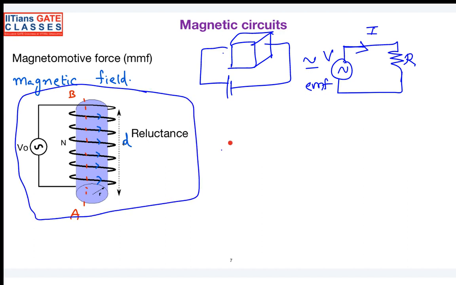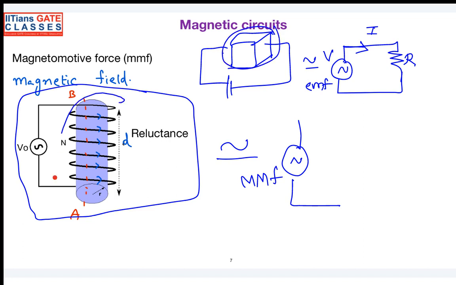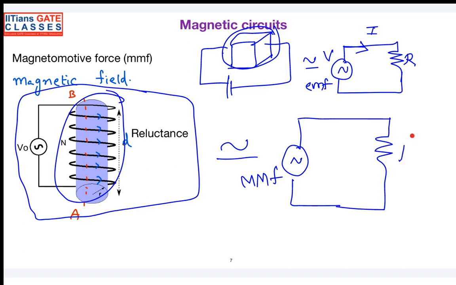In the same way, instead of your EMF, I represent it with a magnetomotive force. And instead of the resistance of the conductor, I have the reluctance of the core itself. And instead of current flow, there will be a flux developed here.